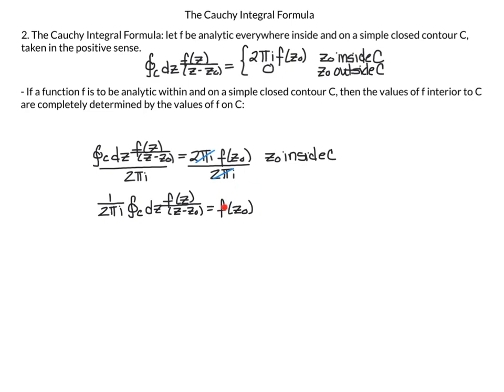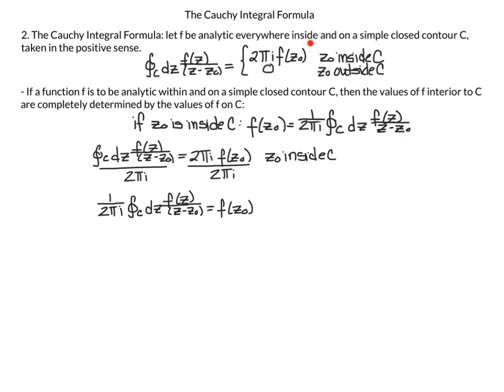Again, this is a formula for f of z naught when z naught is inside the circle, and it's completely determined by what happens to f of z over z minus z naught on C. So I'm just going to write that formula here. If z naught is inside C, then we have this formula for f of z naught. Again, totally from this Cauchy integral formula, just divide both sides by 2 pi i.